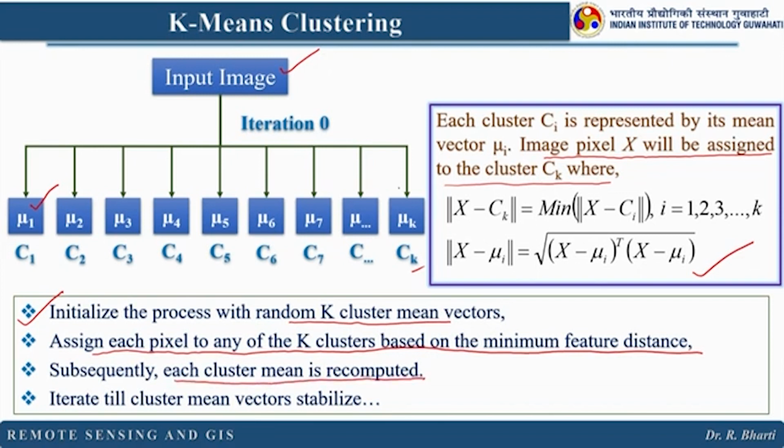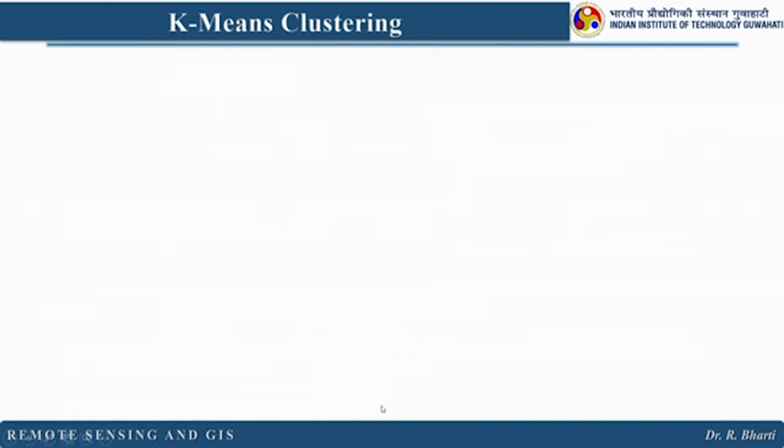Slowly this random k will converge to your given k value, and when there is no variation in the cluster mean, your k-means clustering will stop.